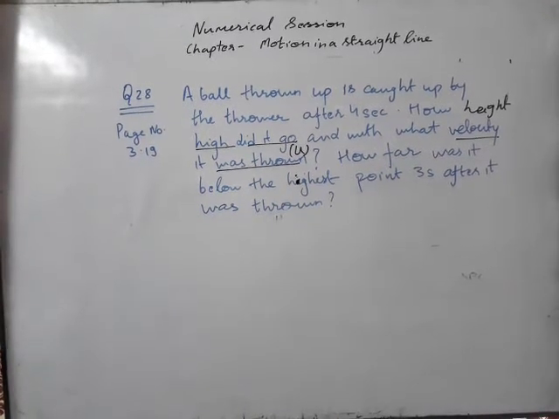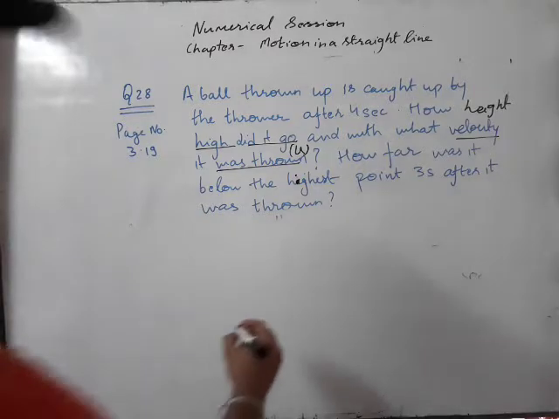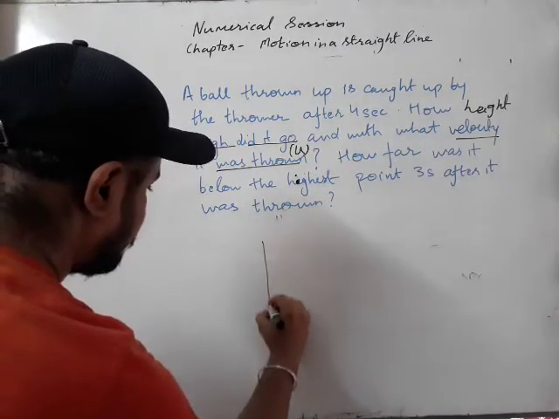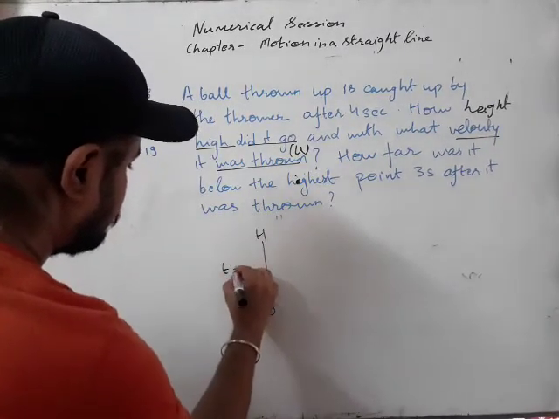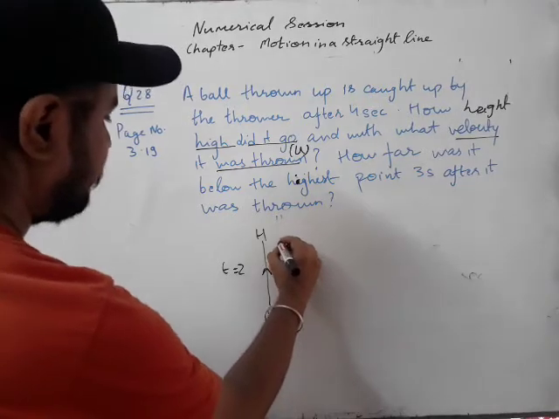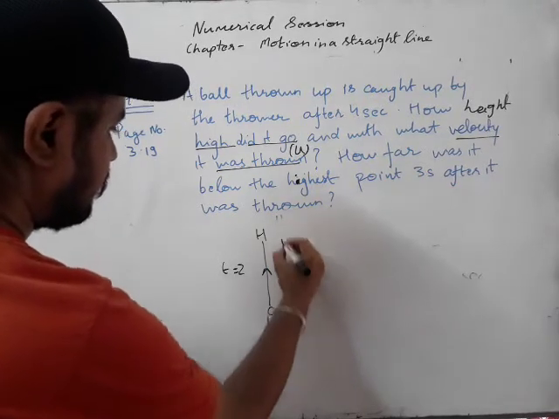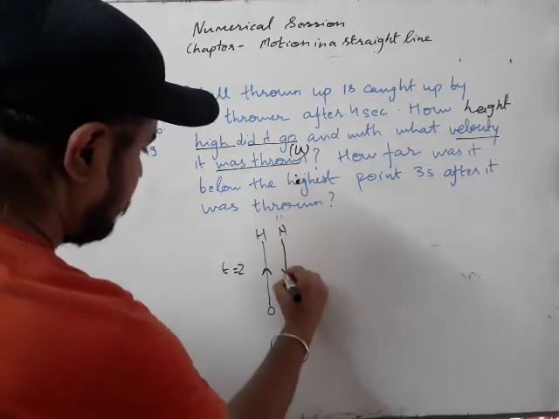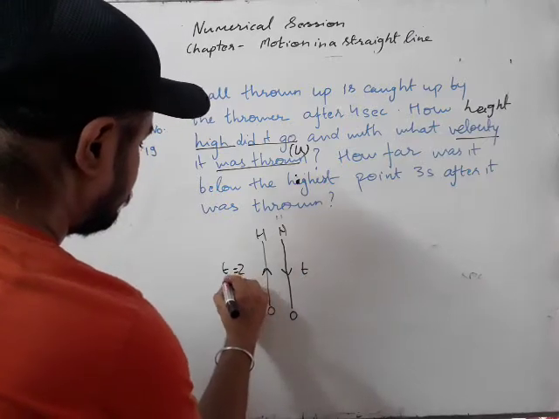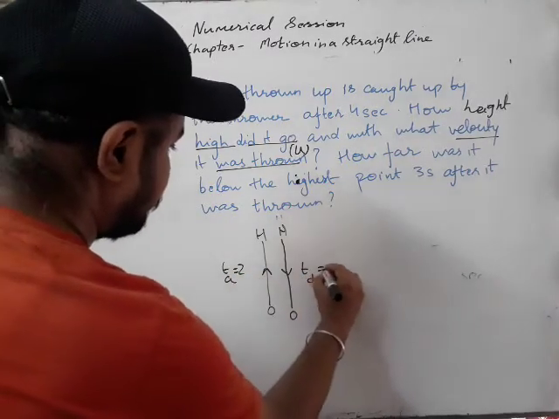Now the third part, we have to find out how far below the highest point the ball was 3 seconds after it was thrown. So kindly see over here, from O to H it takes 2 seconds, and from here H to O again, it is time of ascent and time of descent.